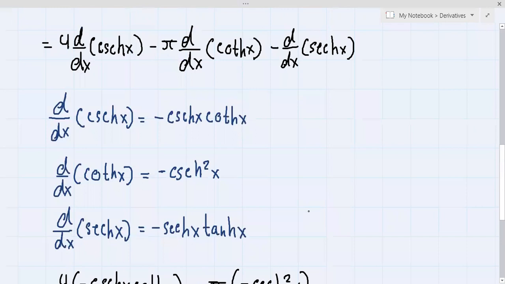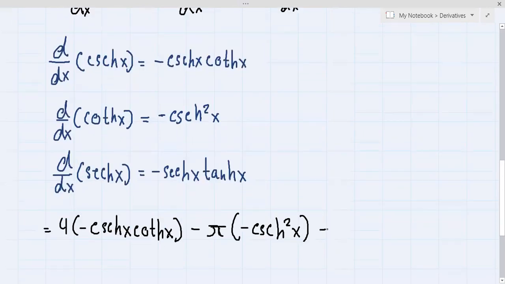Then, last but not least, minus the quantity negative secant hx times tangent hx. Now we can simplify.